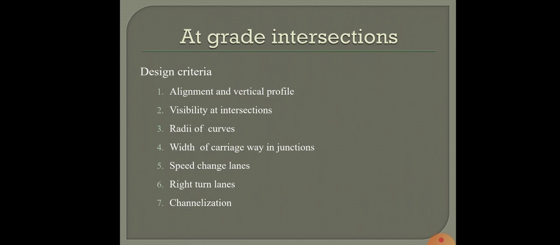In order to reduce the conflicts or hazards involved, the alignment should be either straight or the gradient should be as low as possible, and mostly the roads should meet at an angle which is nearly a right angle. So that is the first consideration to be taken.